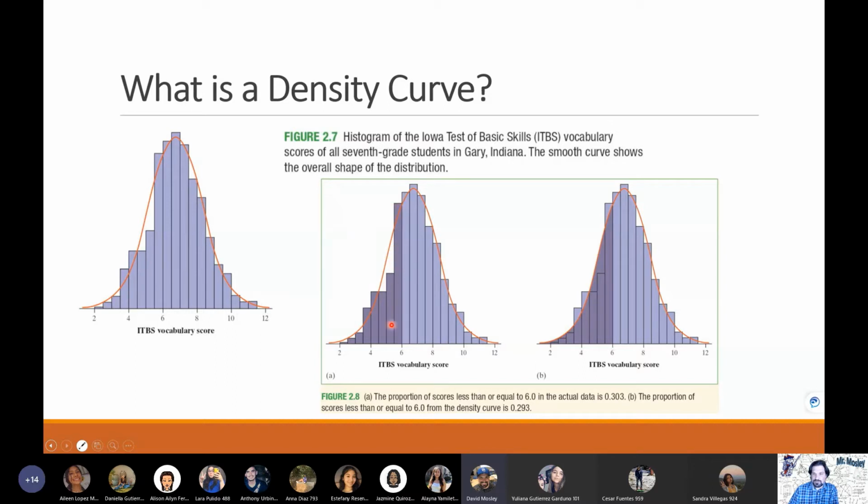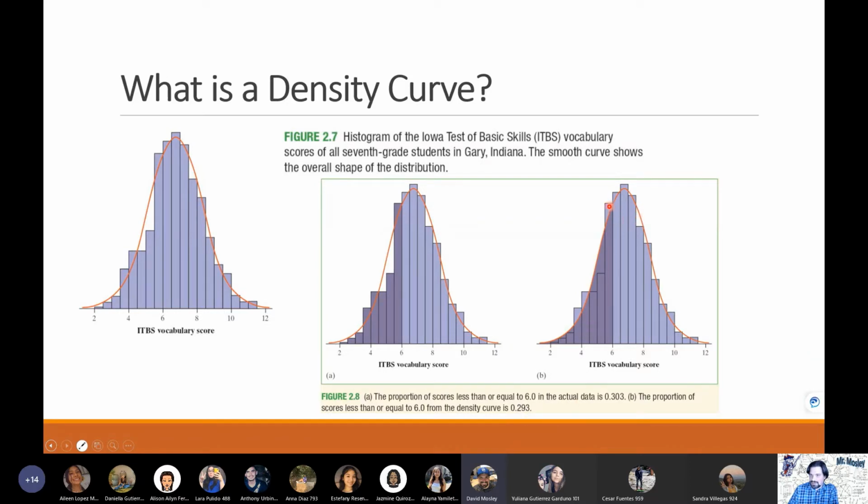Pretty close to a third. So if we use the actual proportion from the histogram, take the amount of values divided by the number of values total, we'll get 0.303. The proportion of scores less than or equal to 6 from the density curve is 0.293.